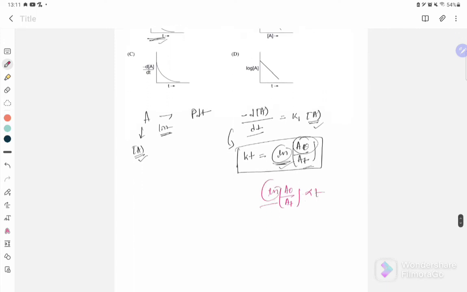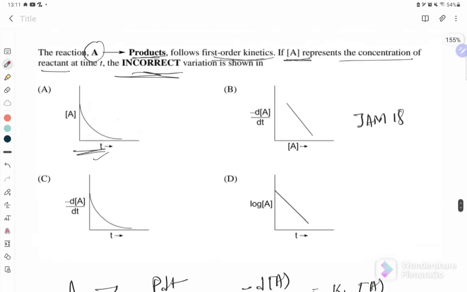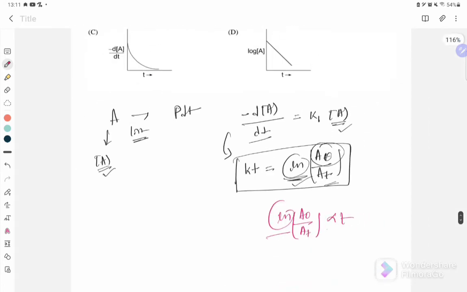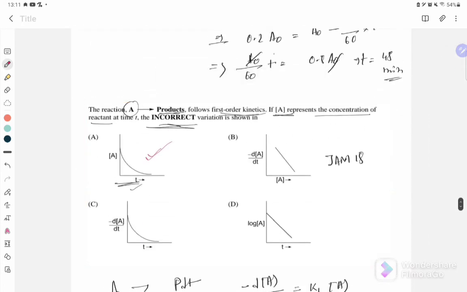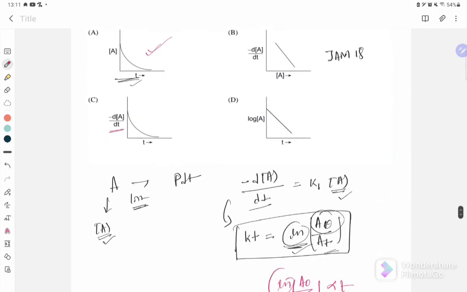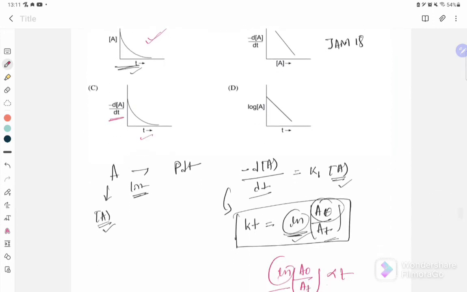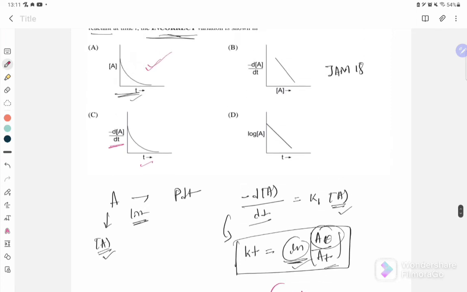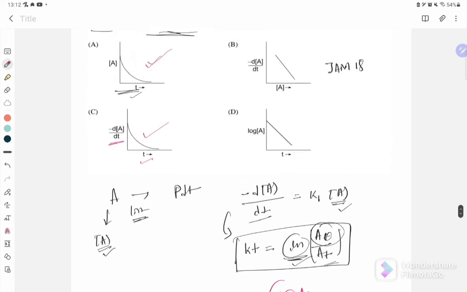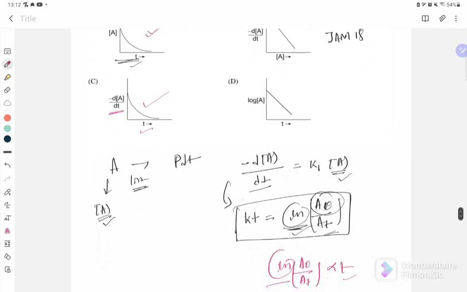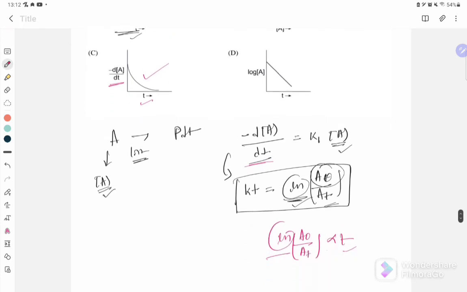This is a graph for ln, so this option will be correct. Now dA/dt also will be of this type, because this is a first order reaction, and dA/dt means the rate of this reaction, which also follows this equation.